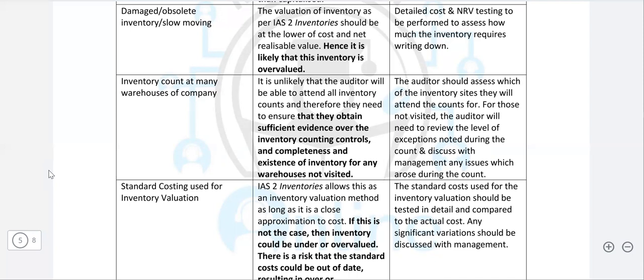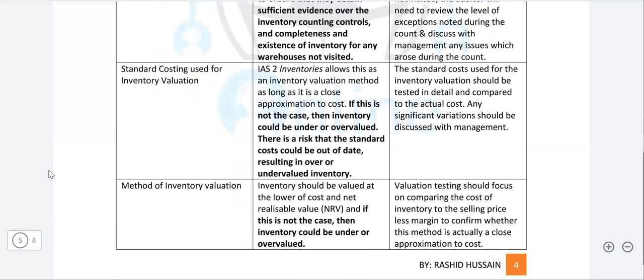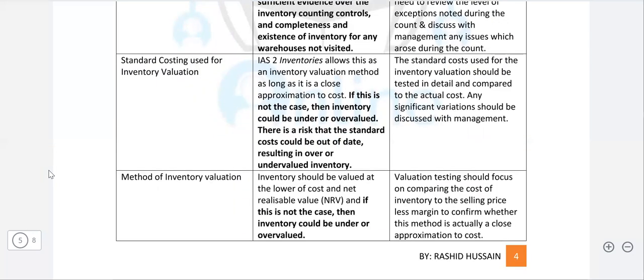Then we have the standard costing for inventory valuation, like we have FIFO, first in first out, like we have the weighted average. So we have the standard costing as well. It is allowed by IAS 2 as a valuation method, as long as the standard cost approximately equals the actual cost, like there is no significant variance between the standard and the actual.